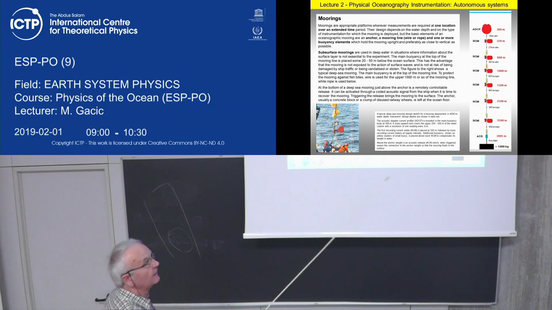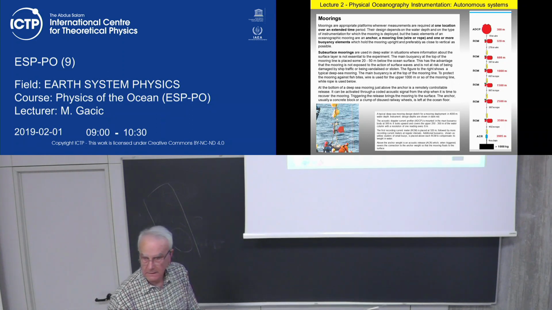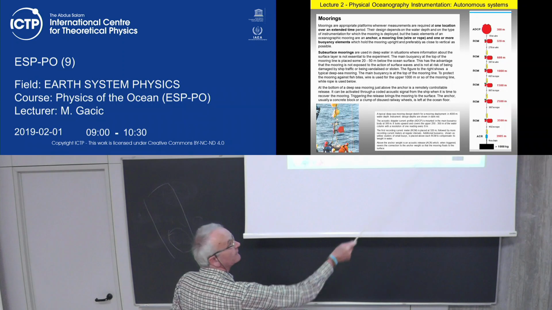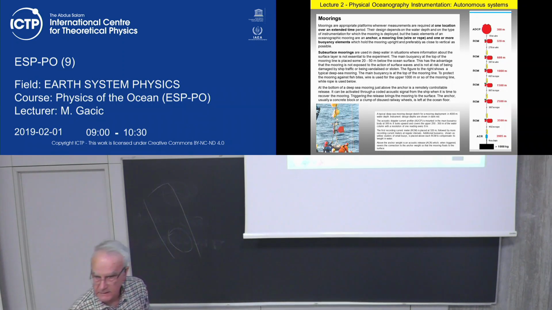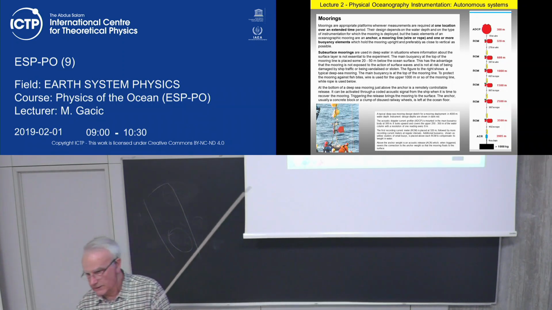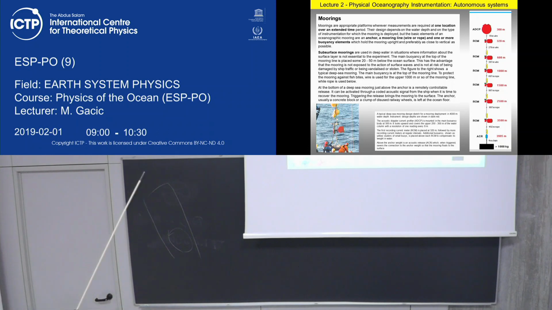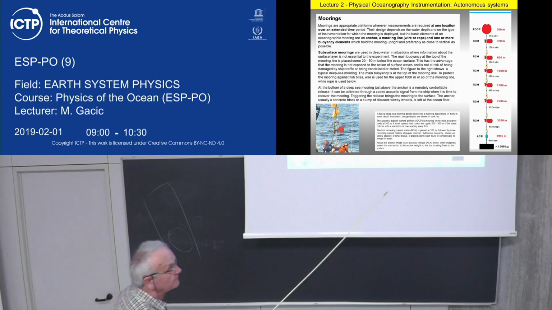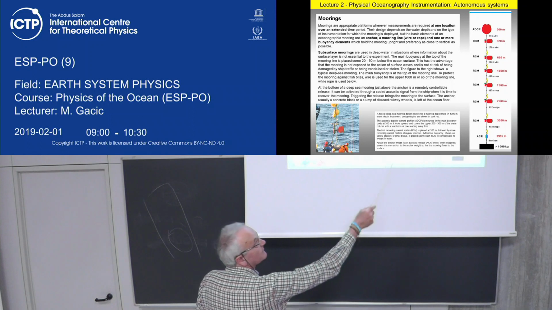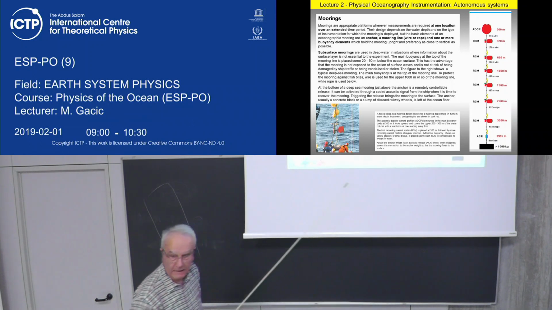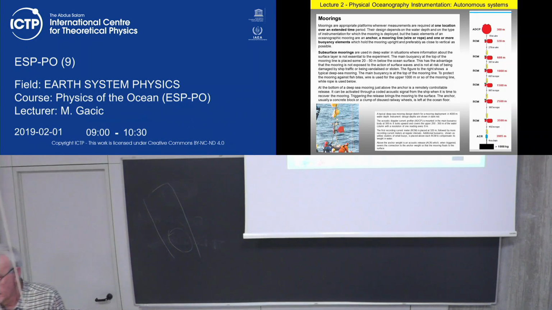And those moorings were like this one here. They have a certain number of current meters, a certain number of temperature and salinity recordings, mainly concentrated in the upper part of the water column for the coastal upwelling, for El Nino phenomena.